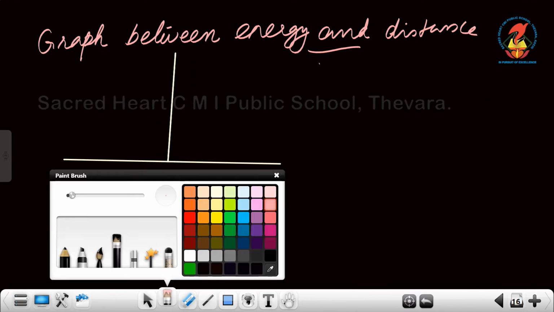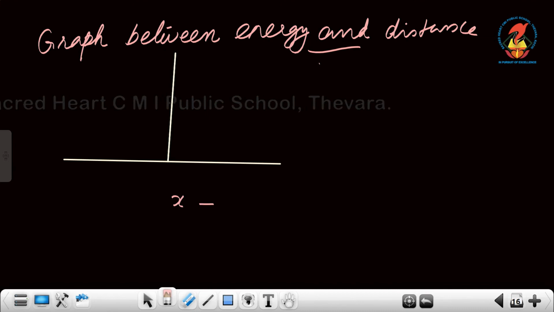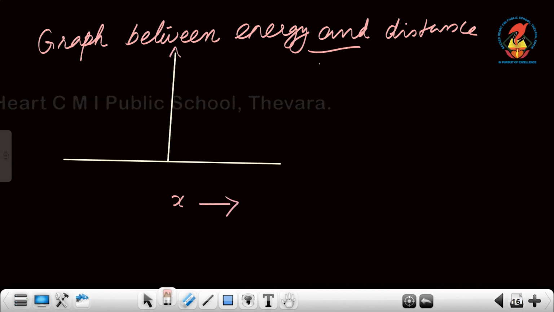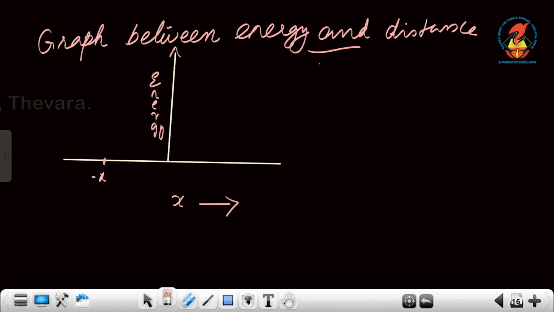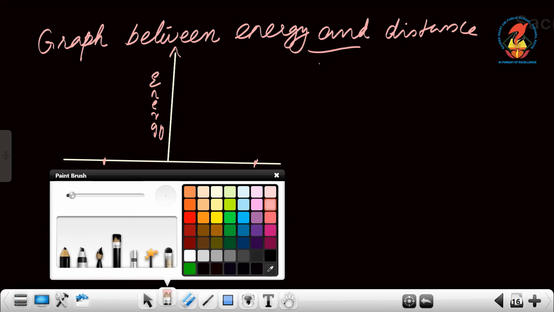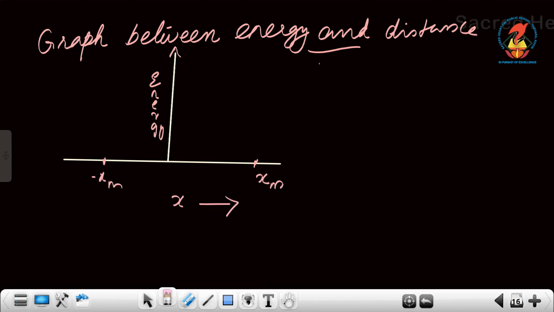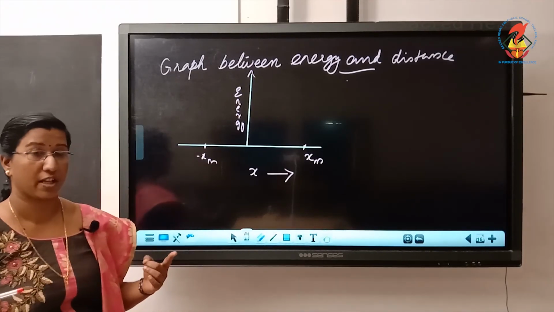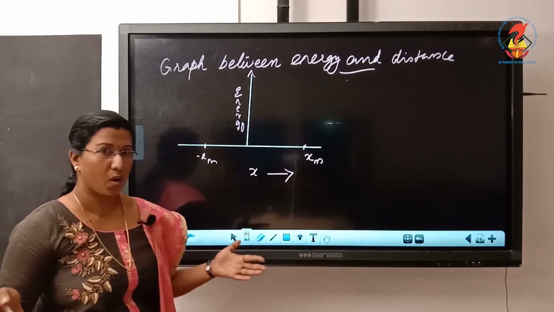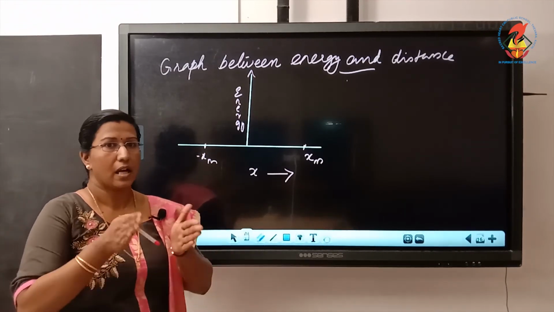Okay, now this is x, this is the axis representing energy. Let this be the maximum distance xm. Now we know that for a spring, it is having maximum potential energy at the extreme points and zero potential energy at the equilibrium position.